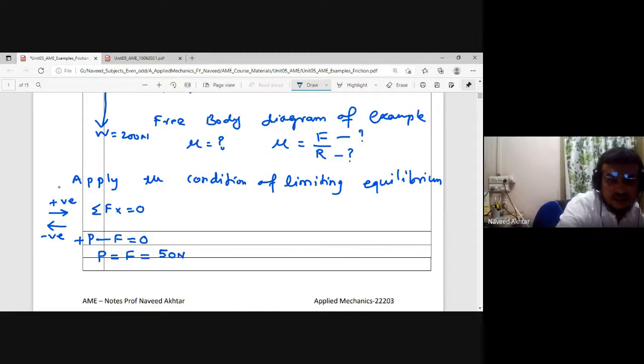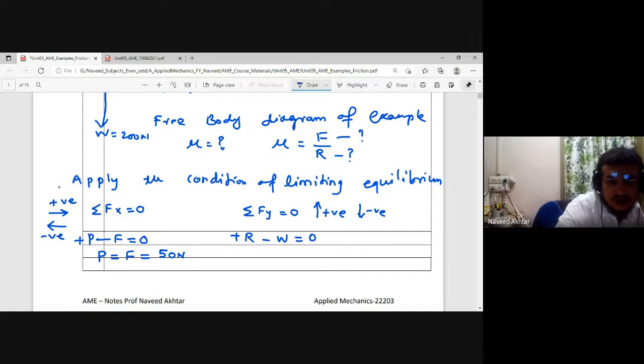Again, I will apply the second condition of equilibrium, that is summation of Fy is equal to 0, and we take upward force as positive and downward force as negative. So here upward force is R, so plus R, downward is W, minus W is equal to 0.